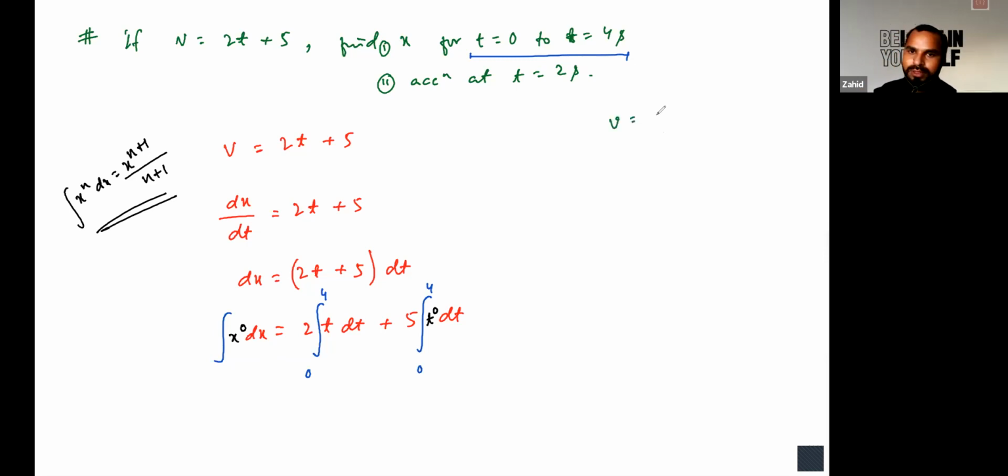Velocity was nothing but the differentiation of displacement. For acceleration, it is the differentiation of velocity with respect to time if velocity is a time-dependent function. But if velocity is a displacement-dependent function, it would be v times dv over dx. In this question, velocity is a time-dependent function. Just apply this relation to find acceleration.